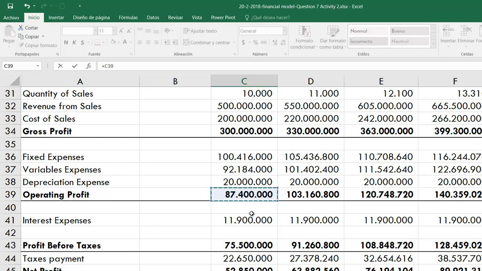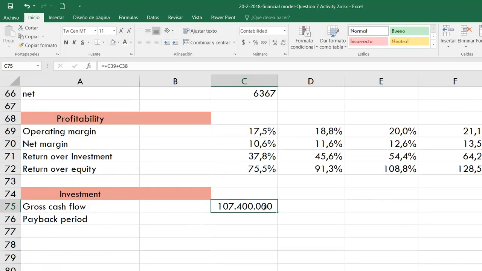But for our basic model, we only want to consider how much money this company is generating in terms of operating profit, plus our depreciation. Remember that we should add this depreciation in our gross cash flow because this money is not paid to anyone else. This money should stay within the company. So it's actually quite a high amount of money.